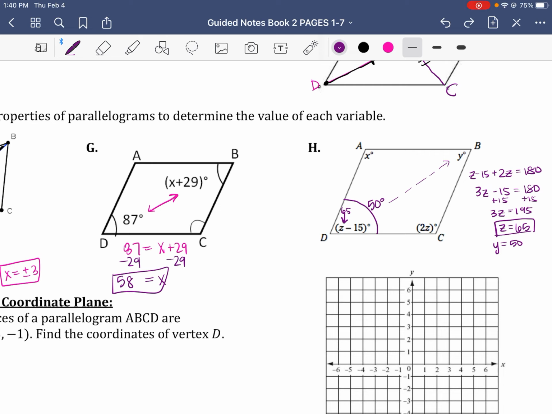Okay, so same thing here. Again, if z is 65, then this is actually 65 times 2, which is 130. So x would be the same as that, and x would be equal to 130. Now, I always double check to make sure that makes sense. These add to 180, so it looks good.